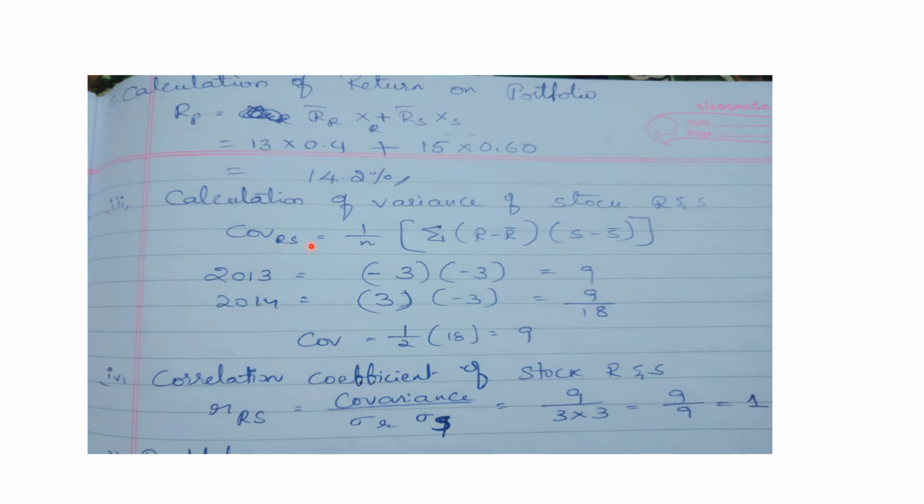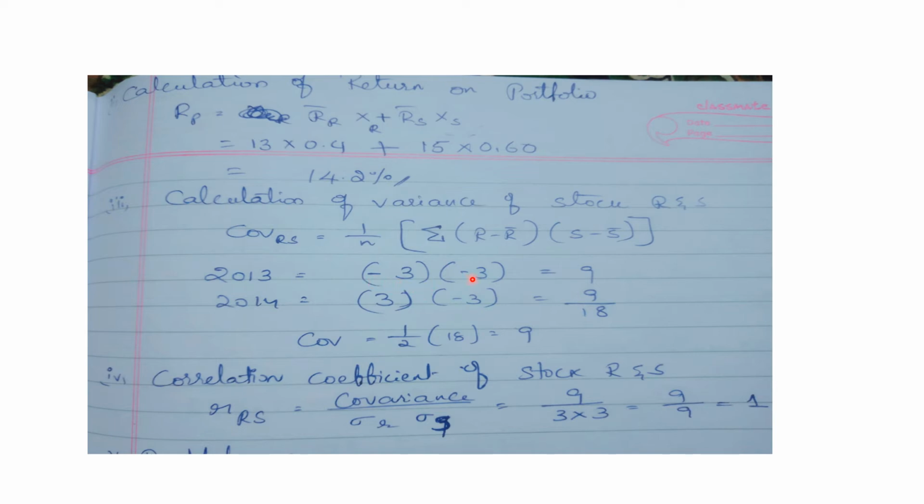Covariance RS is equal to 1 by N into summation of (R minus R bar) into (S minus S bar). So this is the formula for covariance. You have to take the 2 years values here. For 2013, R minus R bar we have found out, and S minus S bar we have already found out in the previous slides.